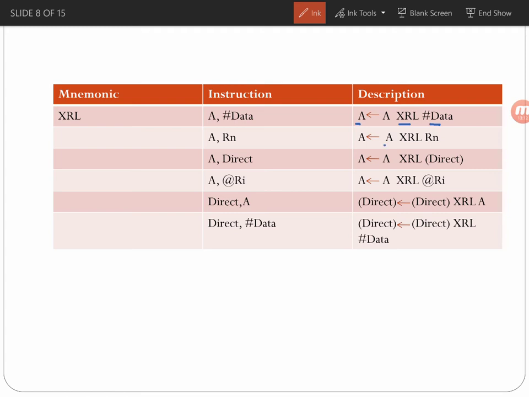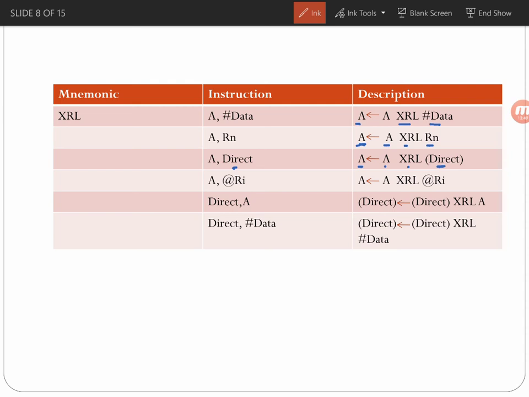The content of A is XORed with the content of the register, and the result is saved in accumulator A. Next, XRL A, direct. The content of A is XORed with the data present in the internal RAM location. This direct indicates the data is present in an internal RAM location. So the data byte is XORed with the accumulator A, and the result is saved in the A register.